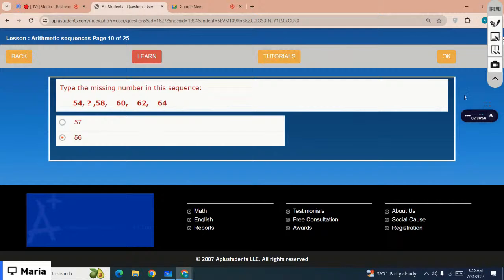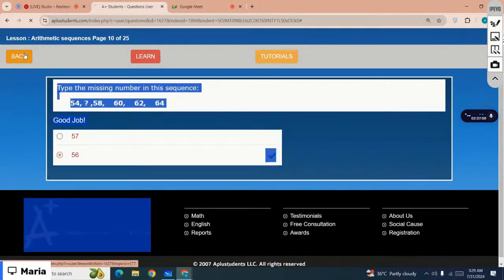The pattern is growing by 2, so the correct option is 56. Okay, you can complete the lesson by yourself later today. Let me just move on to the next lesson.